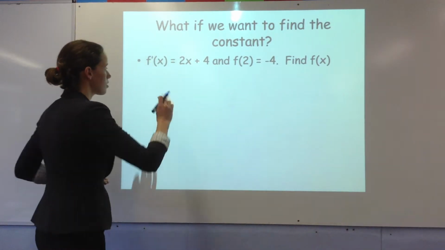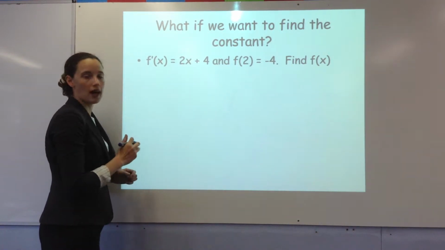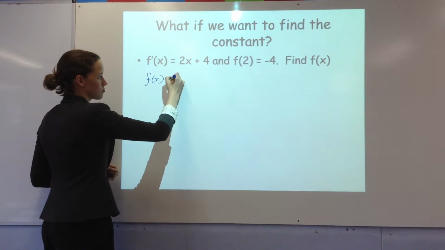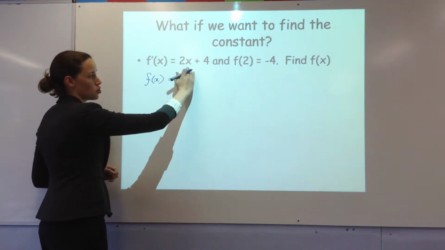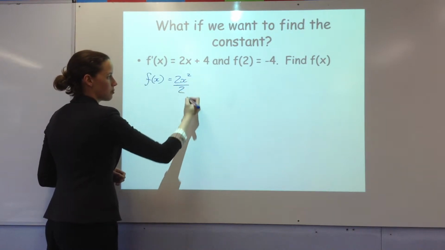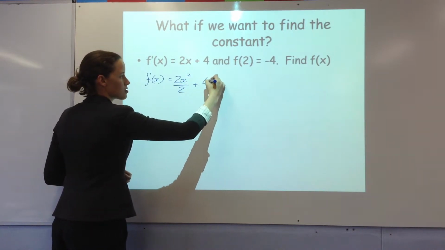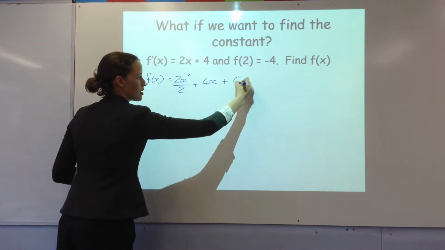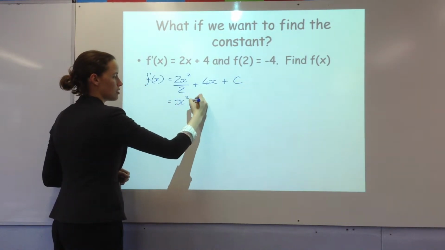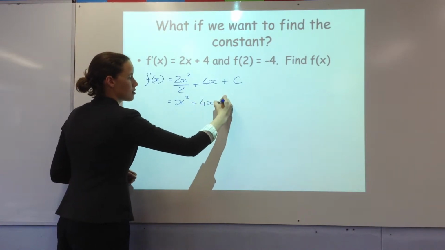So, we know that first of all, to find out what f of x is, we need to integrate. So, 2x integrated is 2x squared divided by 2 plus 4x plus the arbitrary constant c. And that's equal to x squared plus 4x plus c.